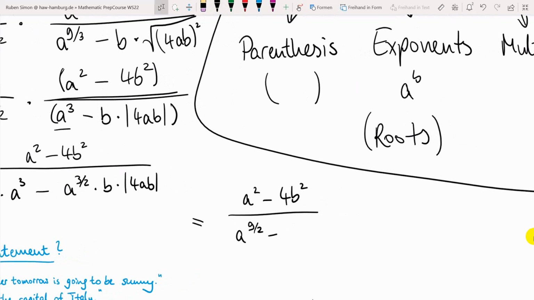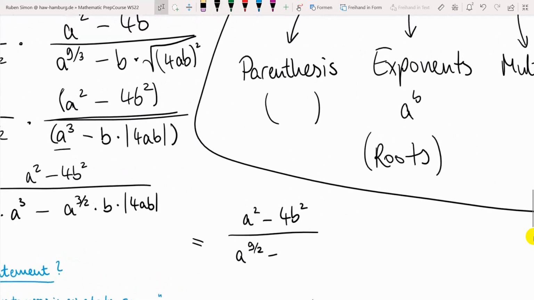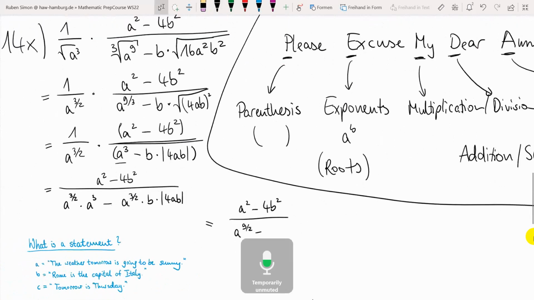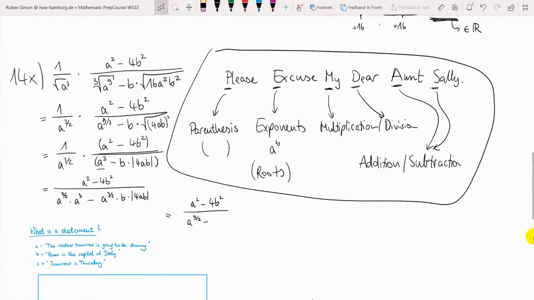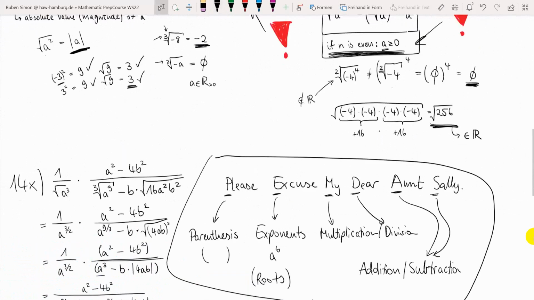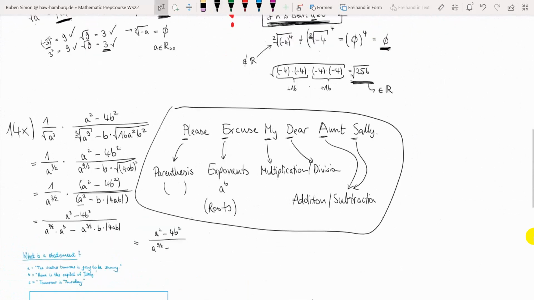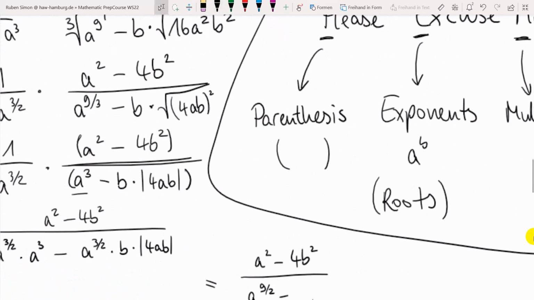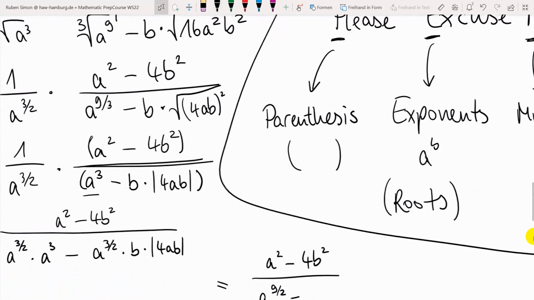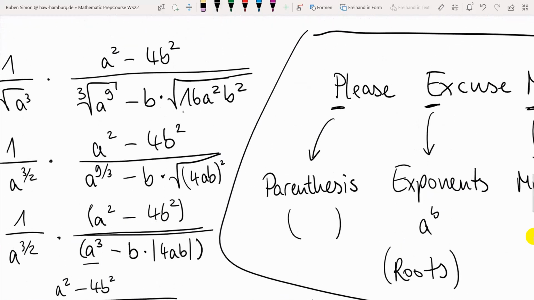I think there is no need for this modulus operation. I will think about this and I will tell you tomorrow if they have to apply here or not. But I think we can get rid of them, because the original term at this position was definitely a positive term. And that's why you can skip the modulus operation at this point, or you can get rid of the dashes.